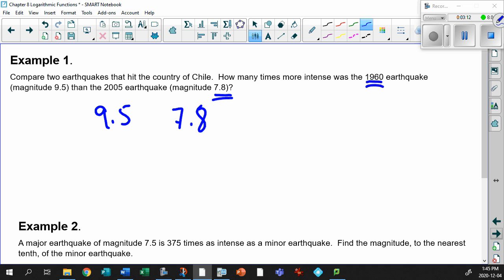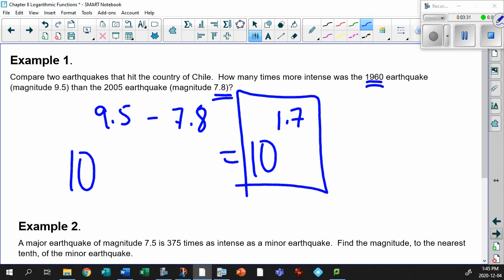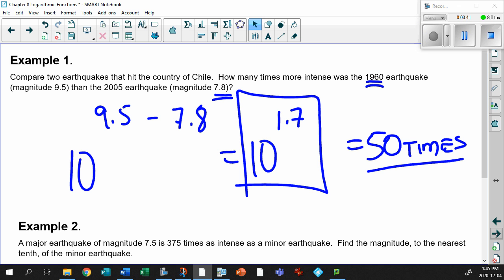All you have to do is go power of 10 of the difference. 9.5 minus 7.8 works out to be 1.7. Go into your calculator, hit 10 to the power of 1.7, and you find out that this is 50 times stronger. That's the easiest question we've done all year.